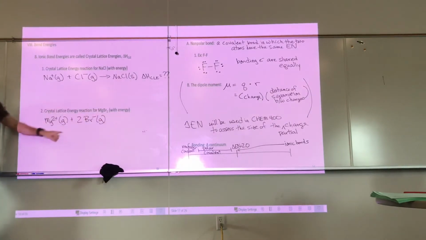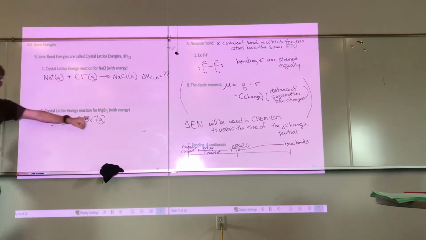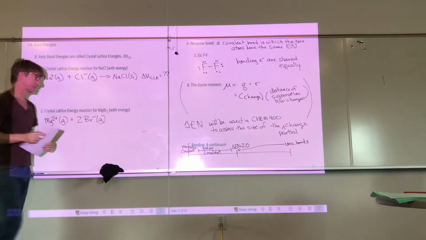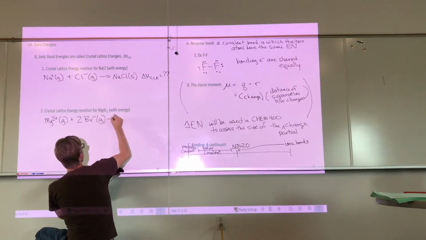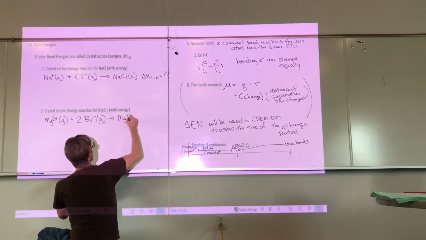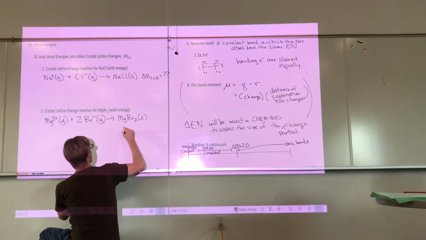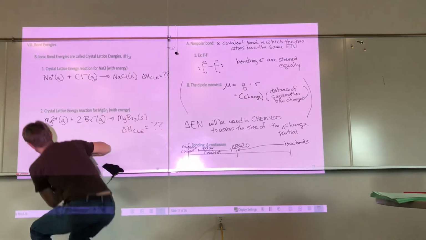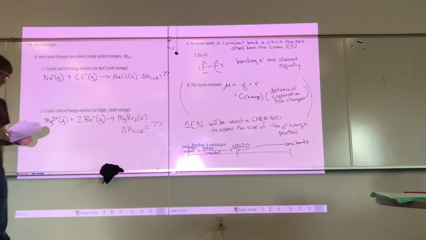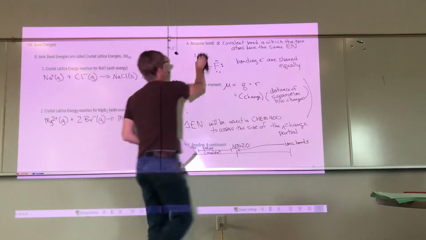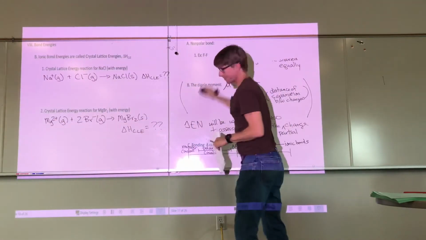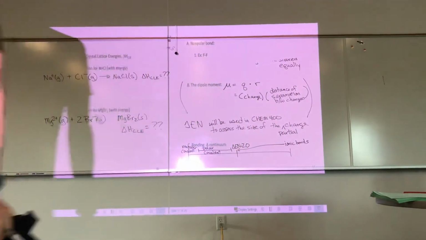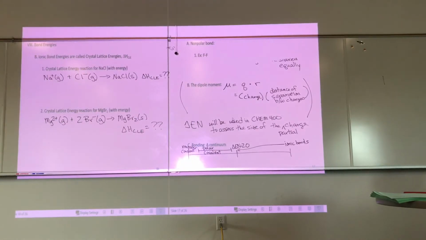Take whatever it is, put them in the gas phase. On the product side, have it be solid. More about that in a few minutes as we build our story.